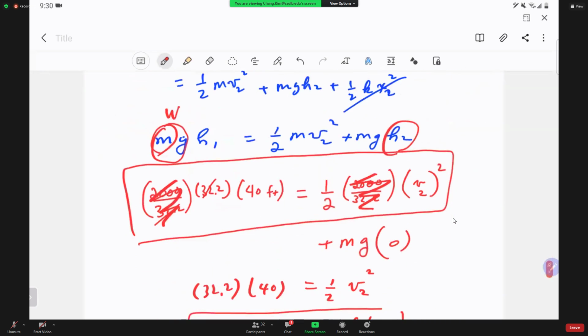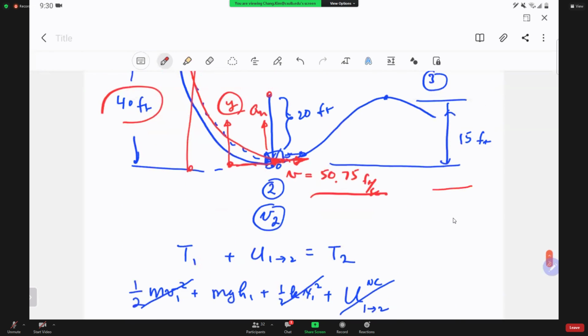So remember, this is an aside. When the particle is moving along the curvilinear path, it has a velocity which is tangent to the path.